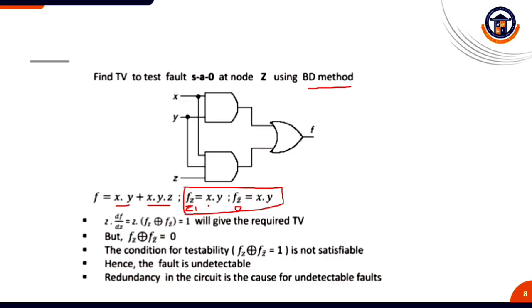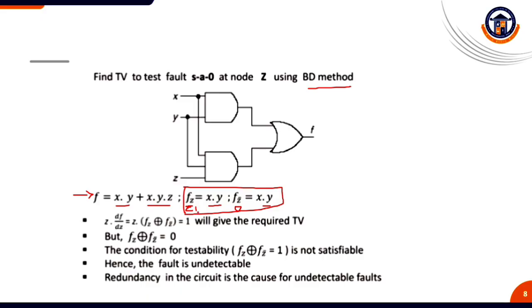What is the final answer? X dot y. We need to compute fz bar. At that time we substitute z value equal to 0 in the main expression, so the final answer is f equal to x dot y.